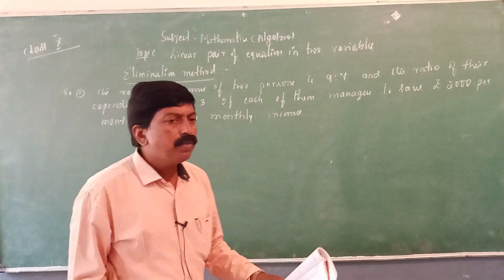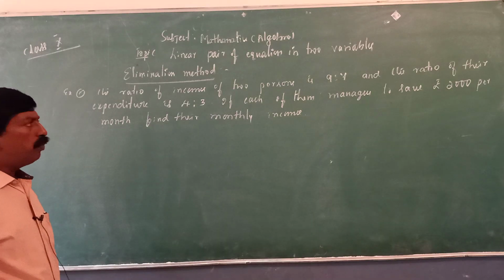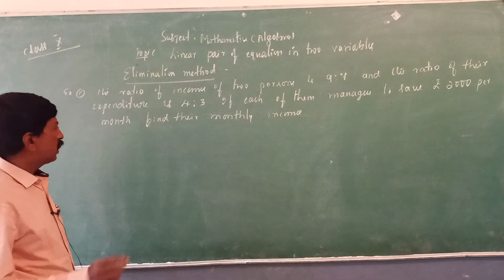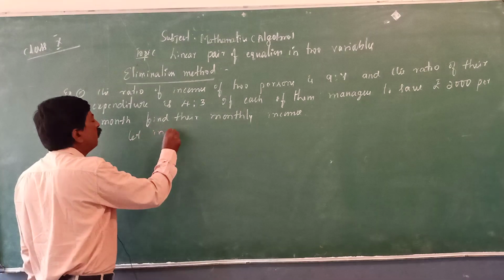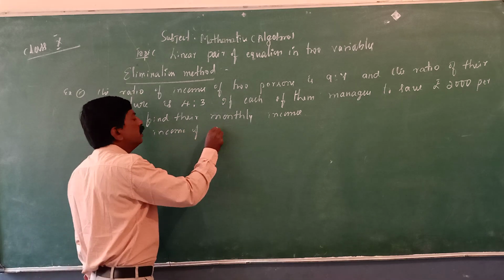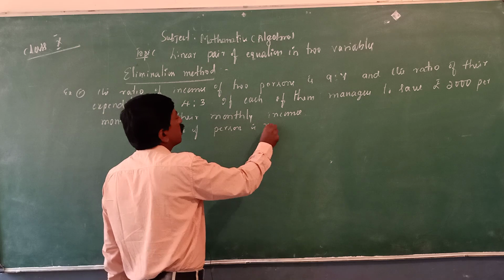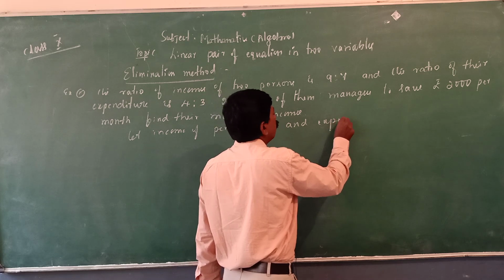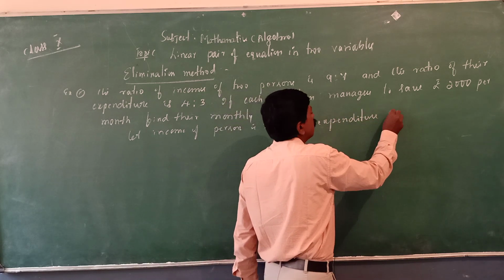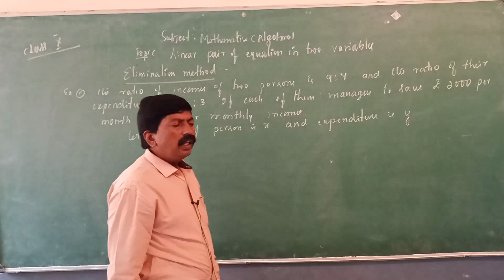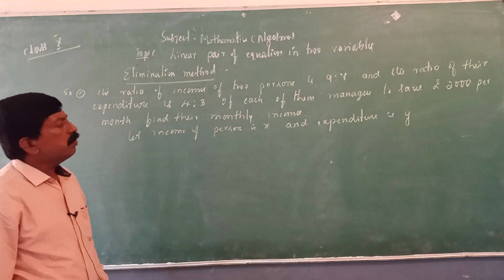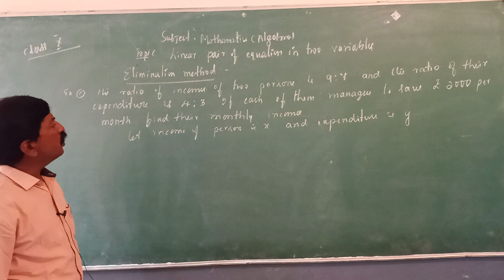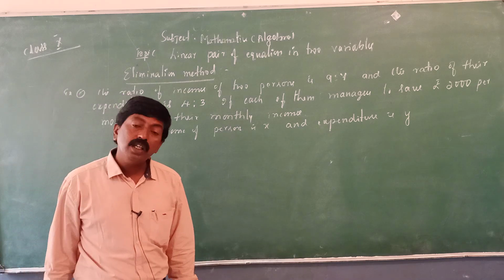Now here, observe carefully what is given. The ratio of incomes of the two persons is given, but we don't know the incomes. So let us take the income of a person as x and the expenditure as y. The ratio of income is 9:7.